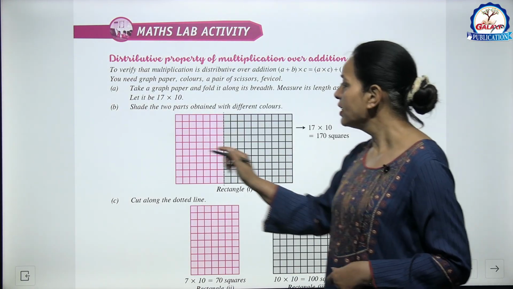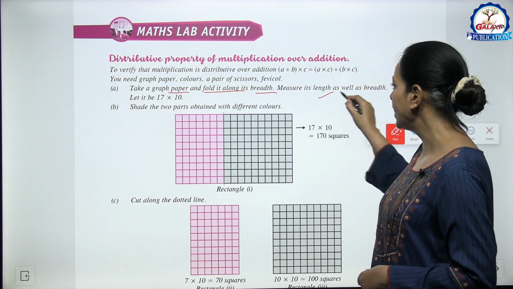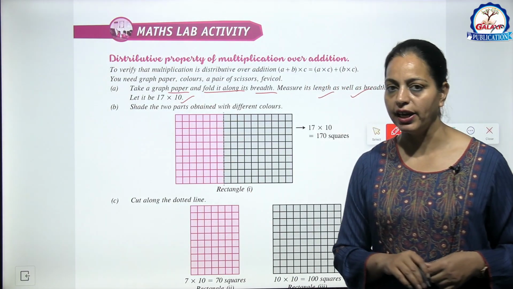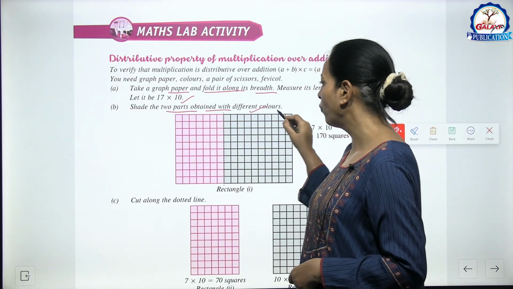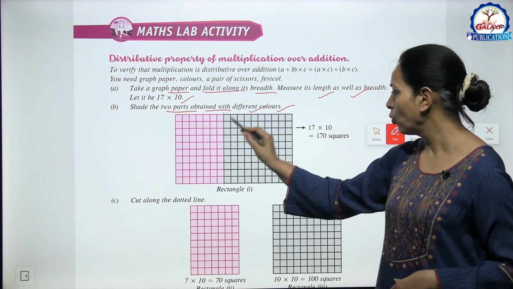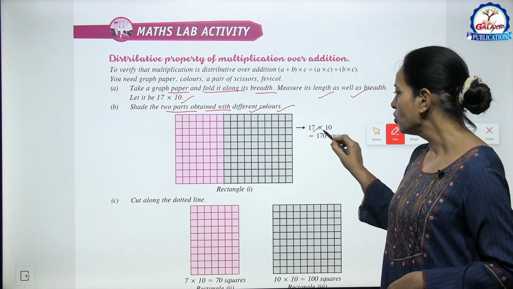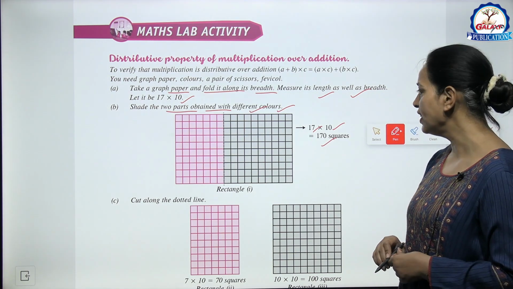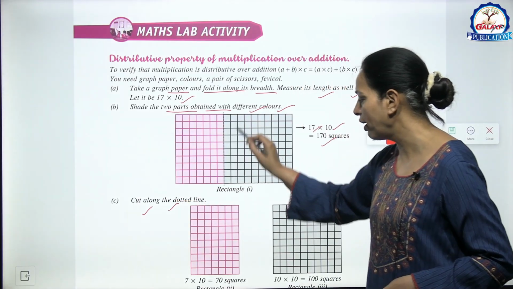So A part, take a graph paper and fold it along its breadth, measure its length as well as breadth, let it be 17 into 10. Now B part, shade the two parts obtained with different colors. Okay, we are taking different colors. So 17 into 10, that is 170 squares.